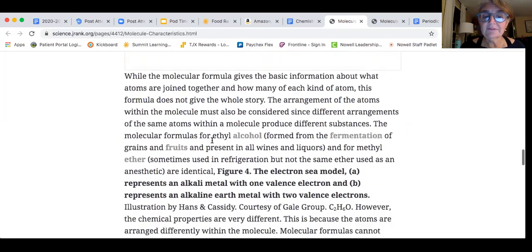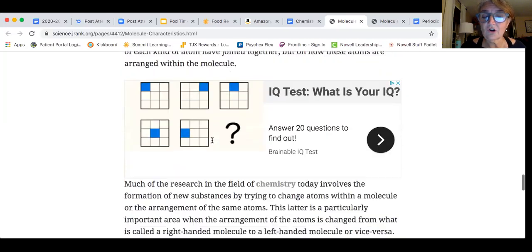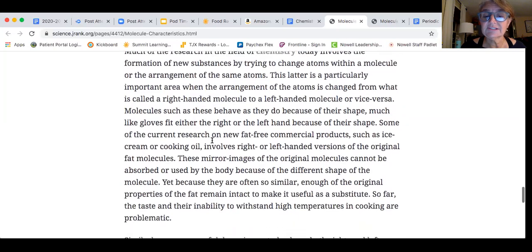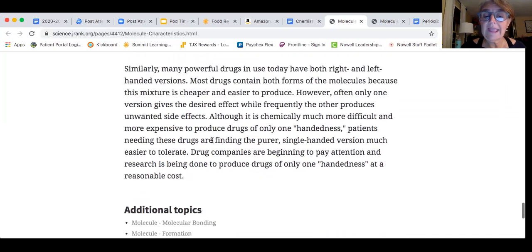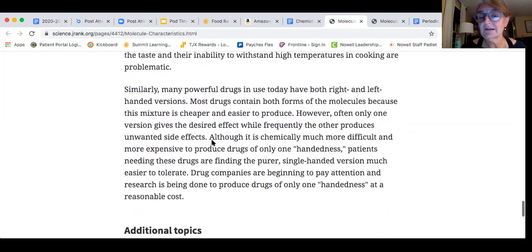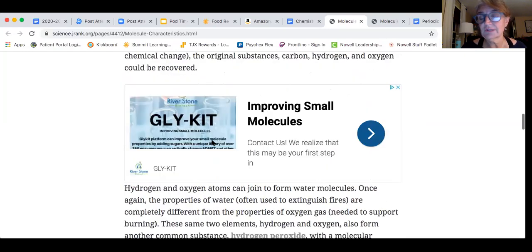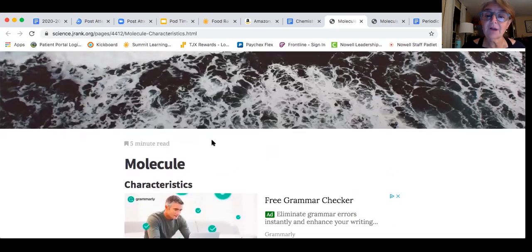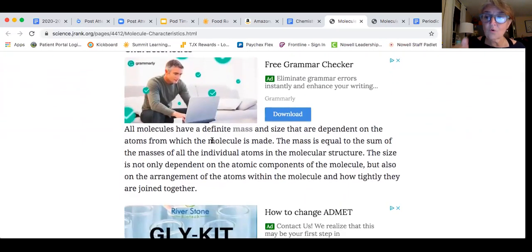So again, this is a very interesting article because it teaches us a little bit about the way in which combining elements changes the property of the substance that you create. And so I want you to keep this in mind as you take a look at your own molecules, which you have adopted, looking at not only their chemical formula, but looking at the ways in which when you combine those elements into that molecule, the elements change properties.